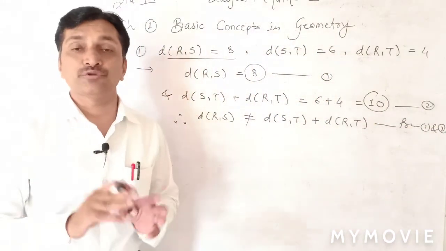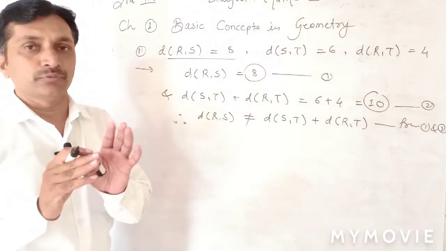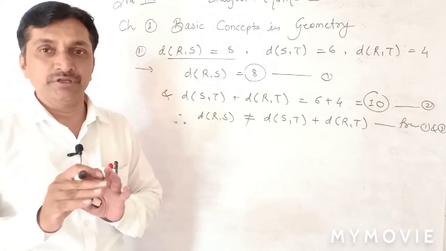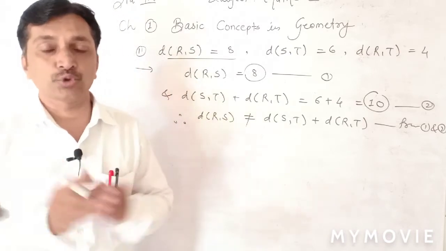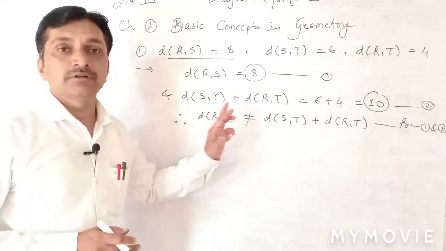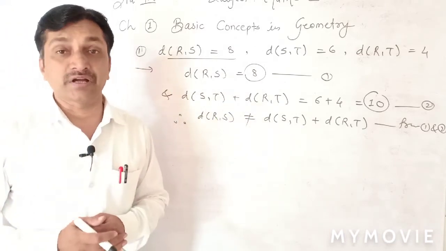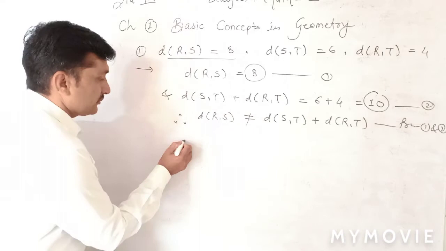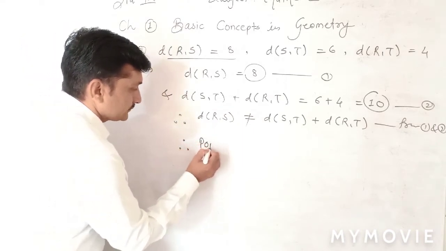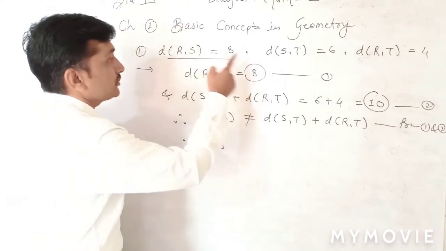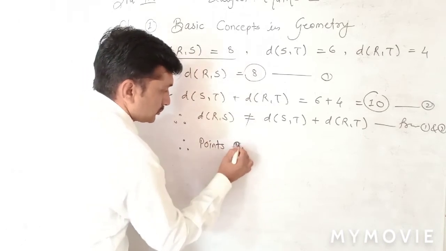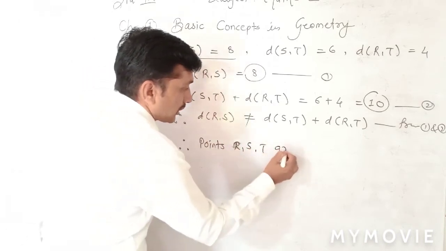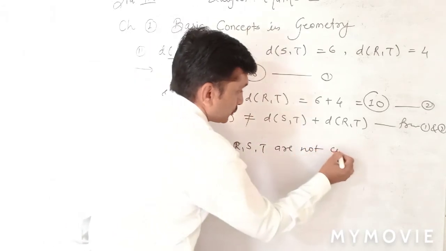If not equal, then not a single point out of 3 lies in between. Points are not collinear because this is not equal. Therefore we can say the 3 points R, S, T are not collinear.